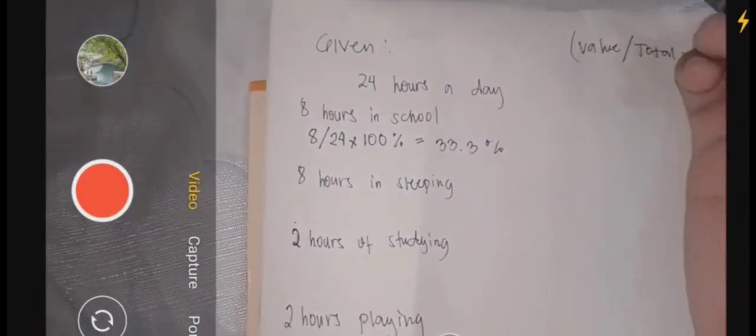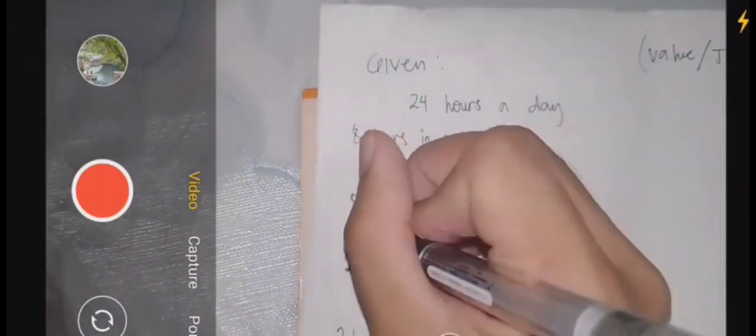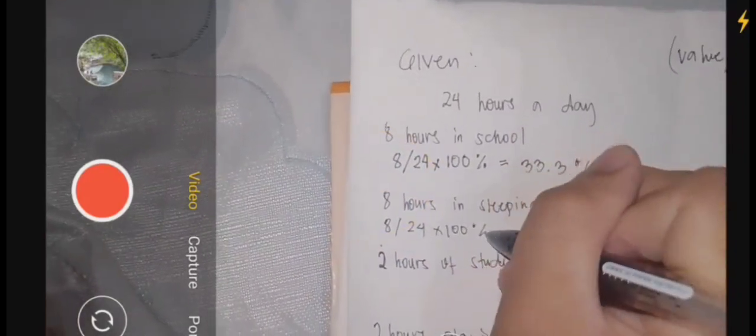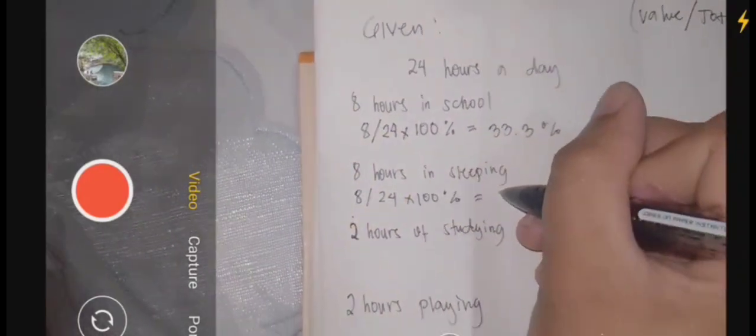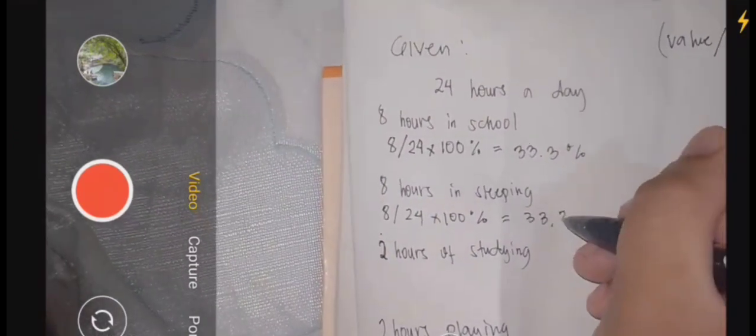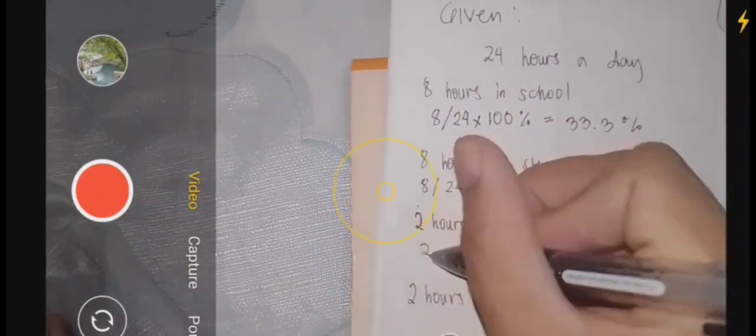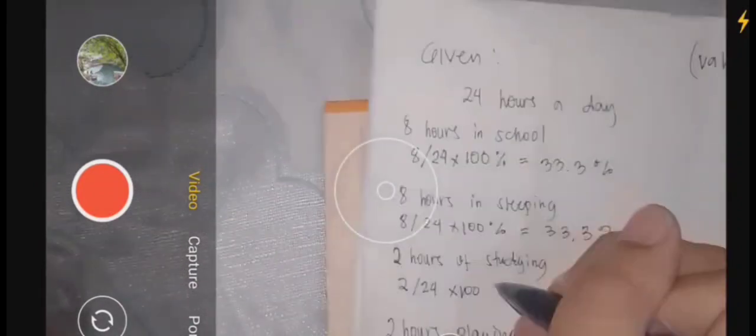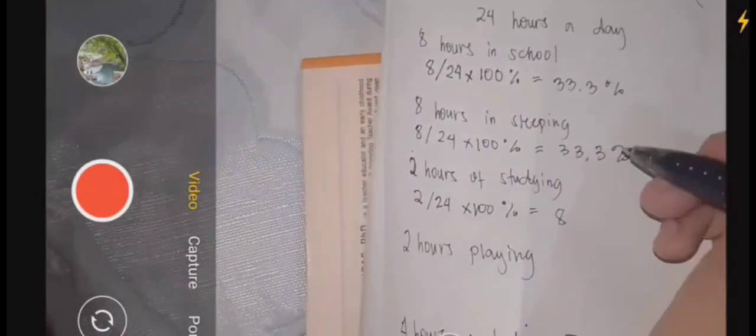Times 100% is 33.3%. And here, same, times 100% is equal to 33.3%. Now 2 hours divided by 24 hours times 100% is equal to 8%.